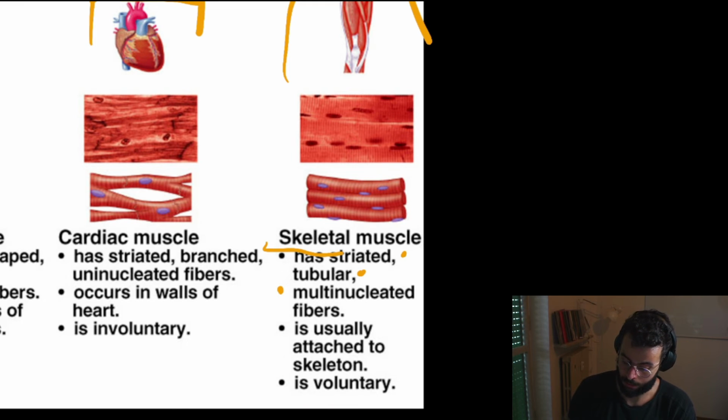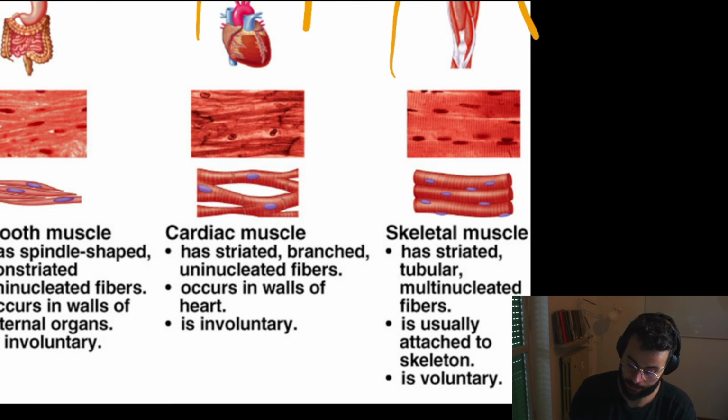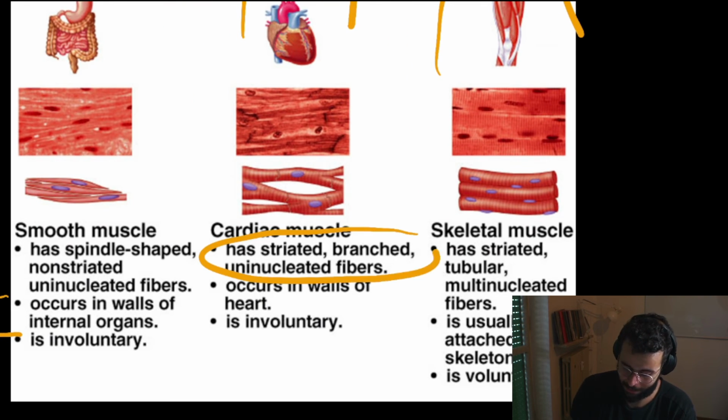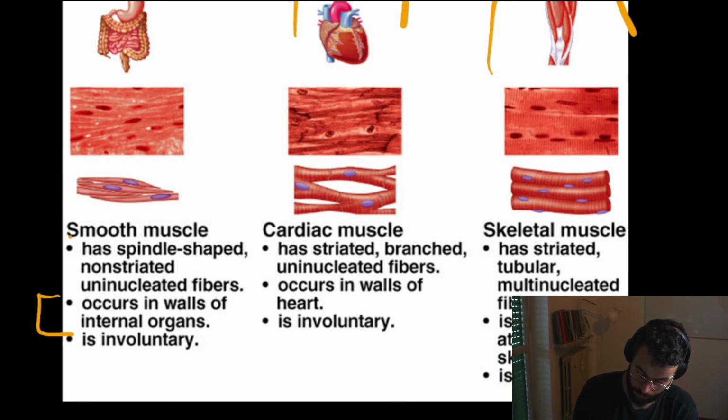And also, it has a different shape compared to the other 2. So, morphologically, the skeletal muscle has multiple nuclei in each fiber. The cardiac muscle has a single or sometimes 2 nuclei, and the smooth muscle has no striation and a single nucleus, which we are going to see.